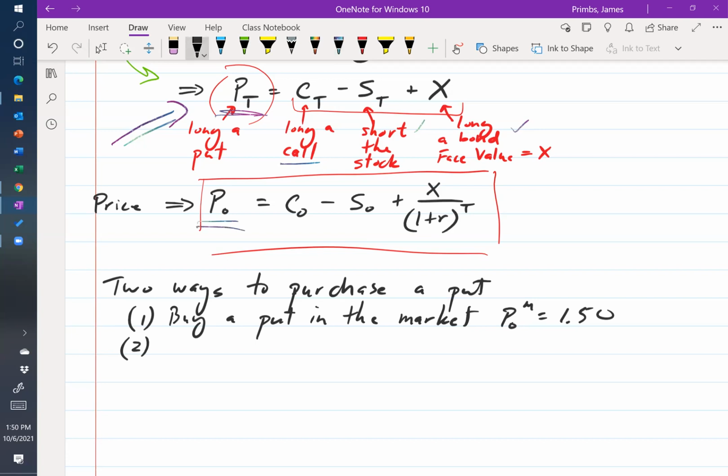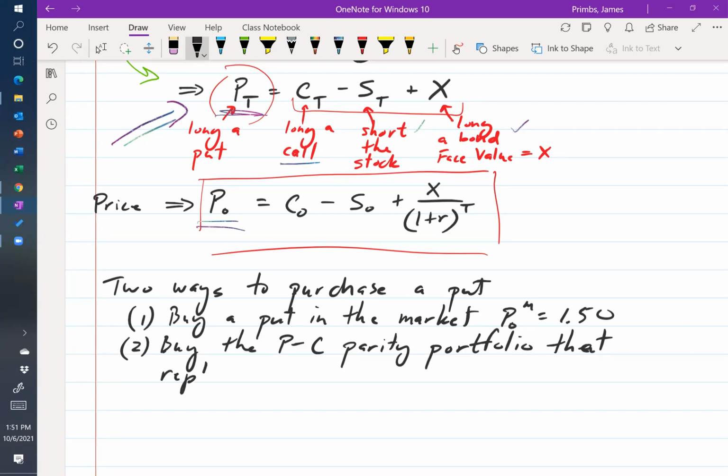So the second is, buy the, I'm going to call it the put call parity portfolio, that replicates the put payoff.